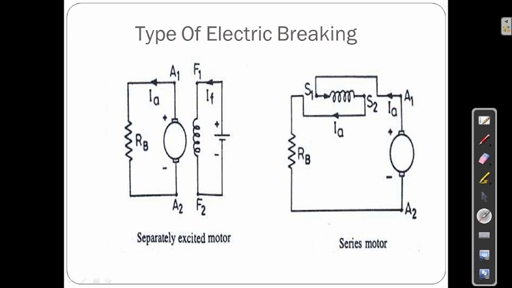You will see the current IA passes through here, comes via S1, goes to S2 and comes up to the negative. Likewise, the positive IA current goes here and comes up to here. This is the separately excited, and this is the series motor type.